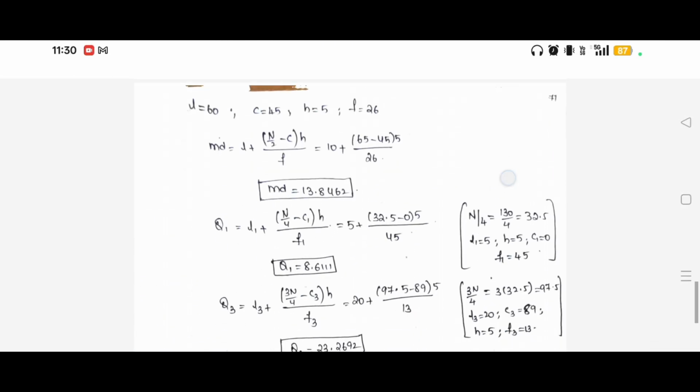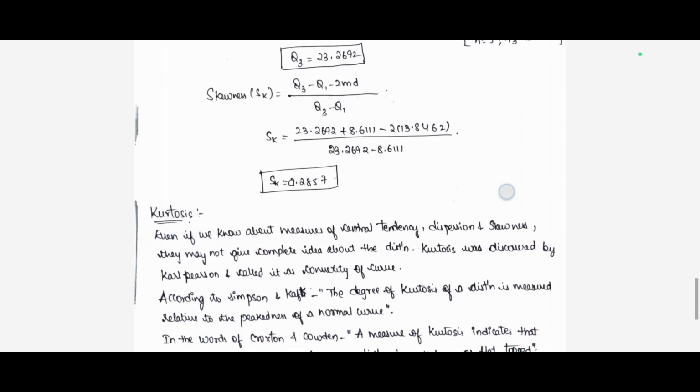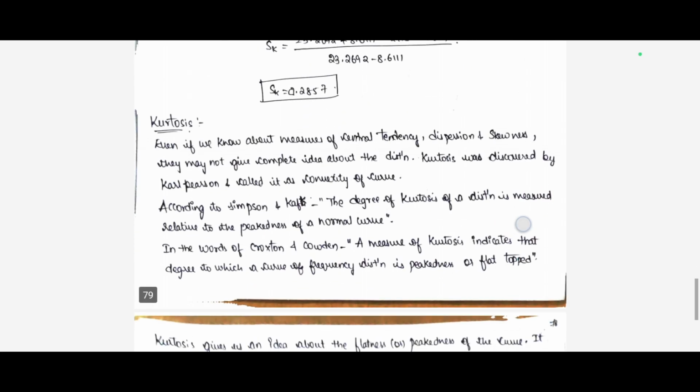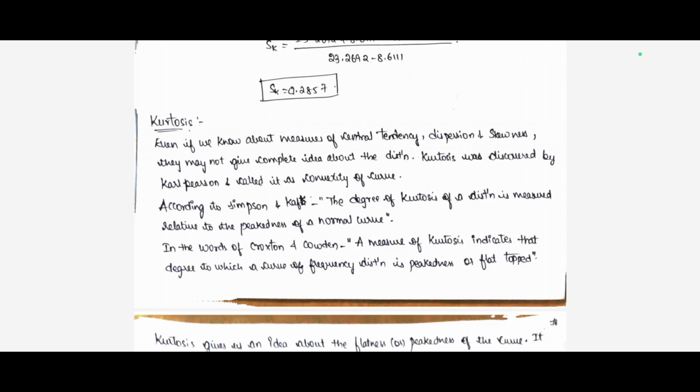Next, the discussion about kurtosis. What is the kurtosis value? The kurtosis value is the convexity of the curve. The convexity of the curve is called kurtosis. The curve is what we can draw if the data has a normal population.